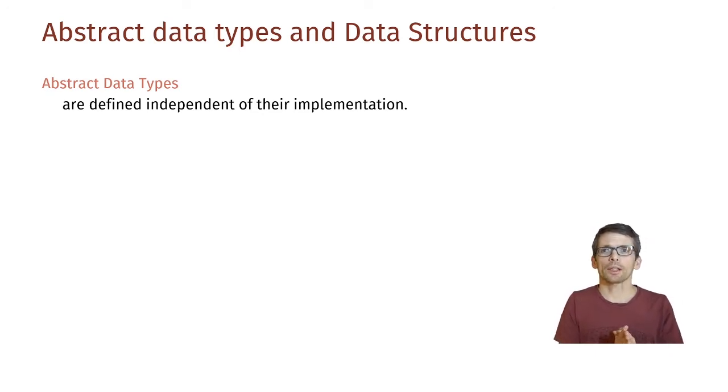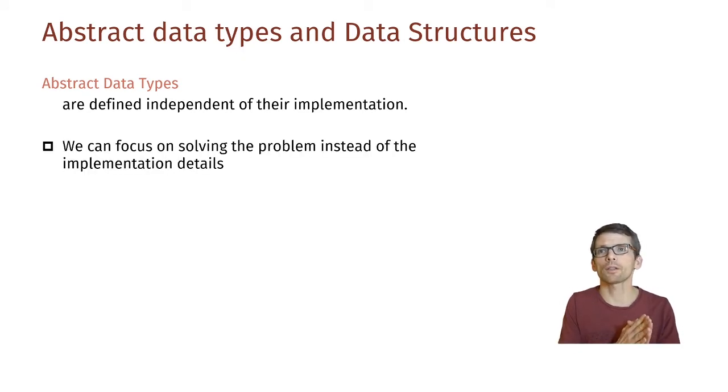Abstract data types are independent of the implementation, and that has various advantages. For instance, if we need a data structure for searching, then we don't have to think about the specific data structure that we're using, but we simply can assume we have an efficient data structure that allows us to search, and we can focus on our problem instead of thinking about that specific data structure.